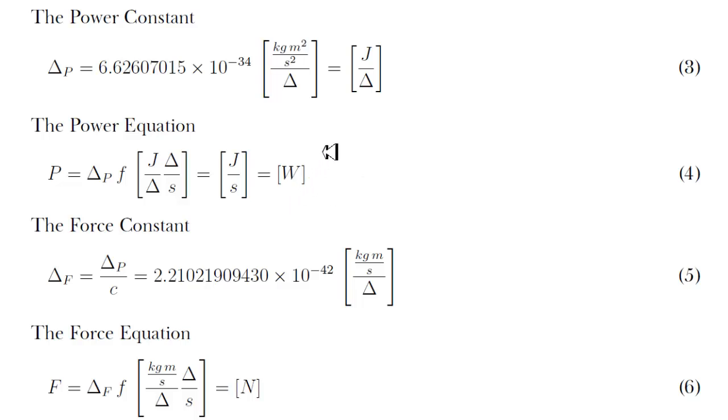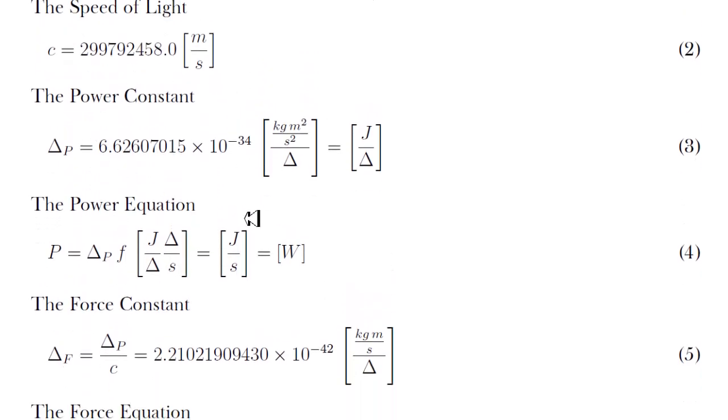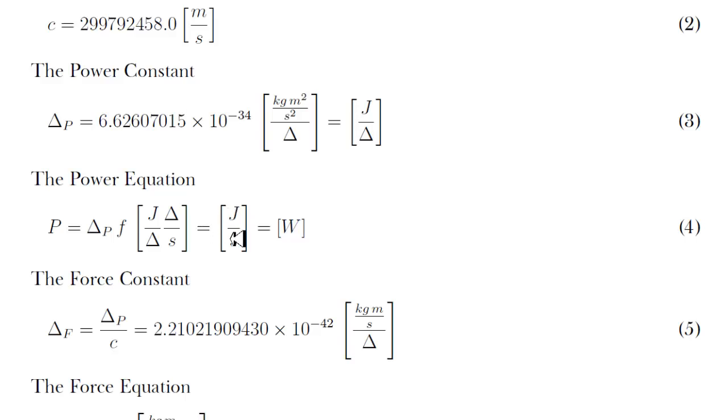Similar to the speed of light, this power equation is on a per 1 second basis, not per 10 seconds, not per 100 seconds, but per 1 second. And so the power constant, the cycle of power, is on a per cycle basis, and the equation is on a per second basis.